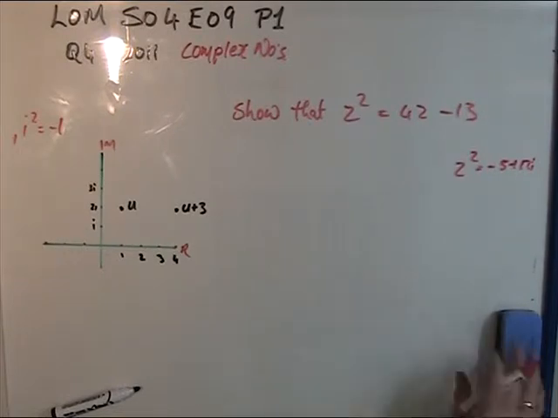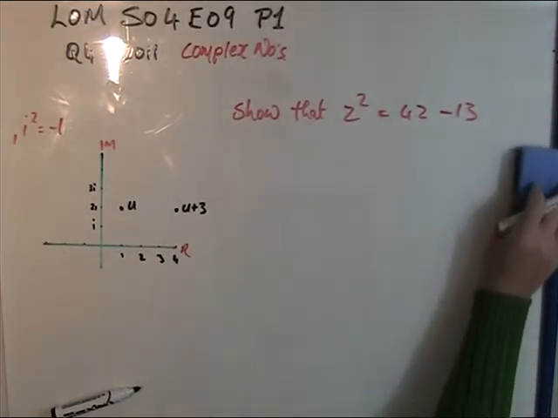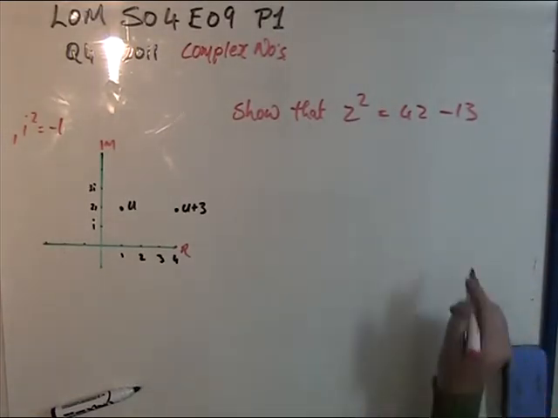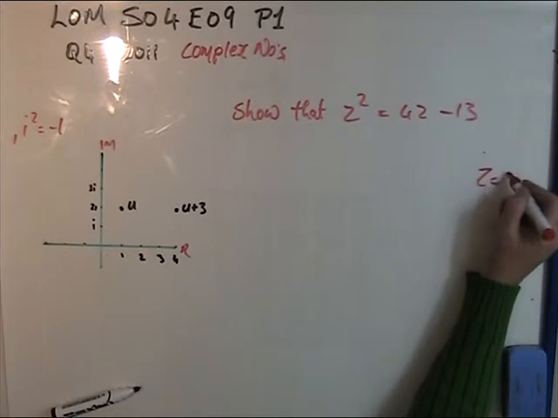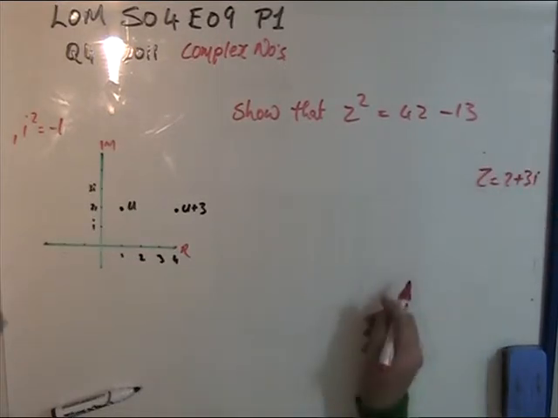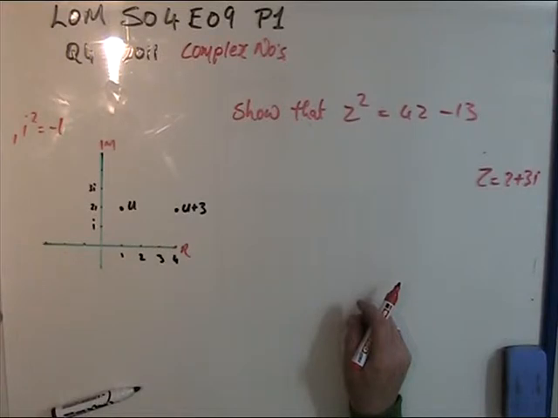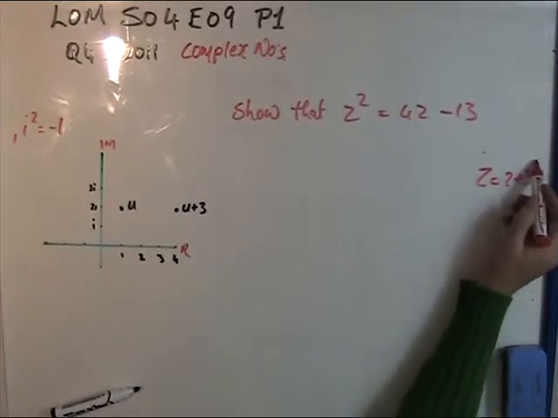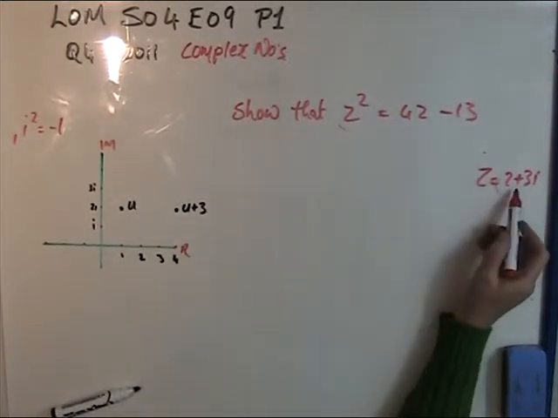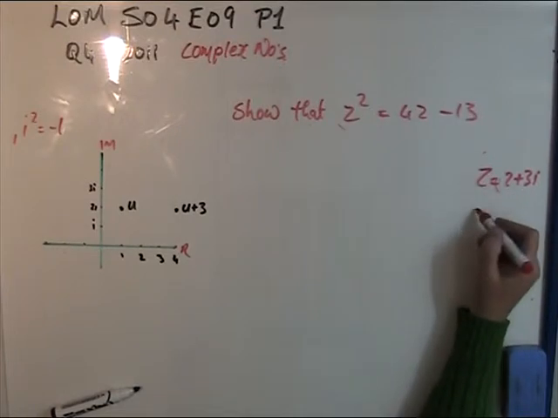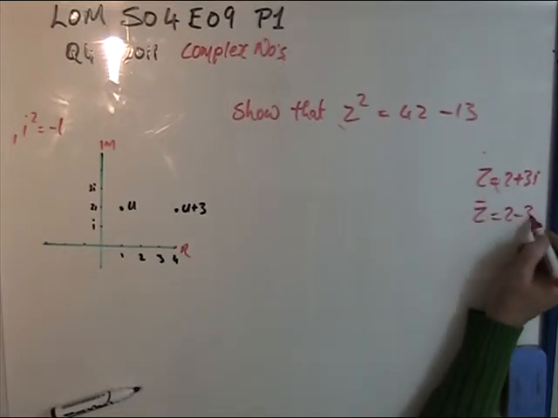We can either put our original value, because z was our original value, which is z is equal to 2 plus 3i. Now, what we could do is we could put our options in. We could put this in and see if it works out, or we could just get the conjugate of that. The conjugate of z is equal to 2 minus 3i.